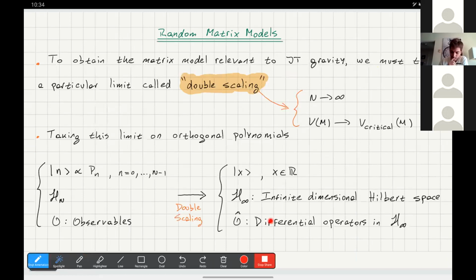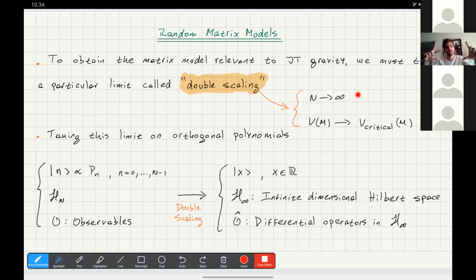And as I already mentioned in regards to Alan's question, the particular matrix model that is relevant for Jackiw-gravity and for the deformations of Jackiw-gravity is a matrix model in what is called the double scaling limit. This is a procedure that you apply to a matrix model that was developed in the early 90s. The idea is that you take N to infinity.